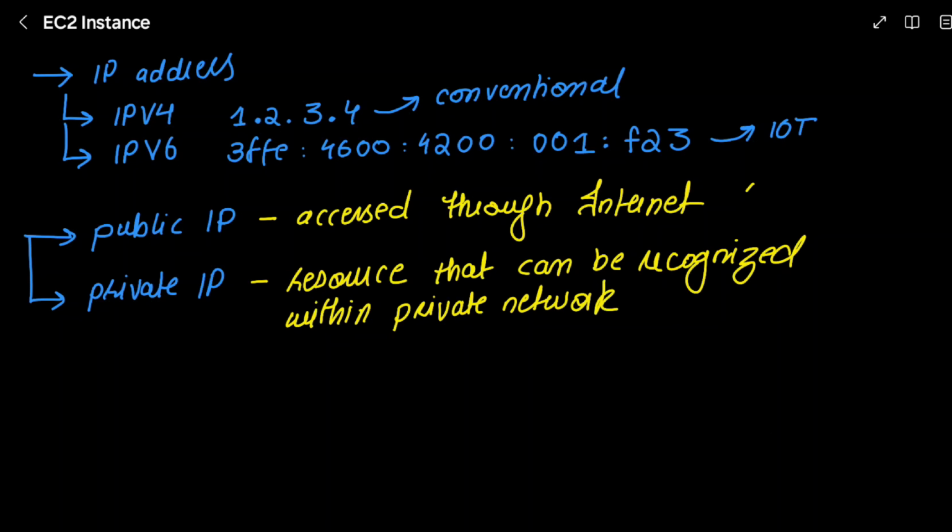So we have public access over here, and we don't have public access over here. If you are launching a particular AWS resource, it's highly likely that it would support both a public IP address and a private IP address.